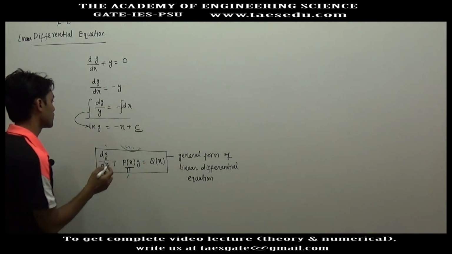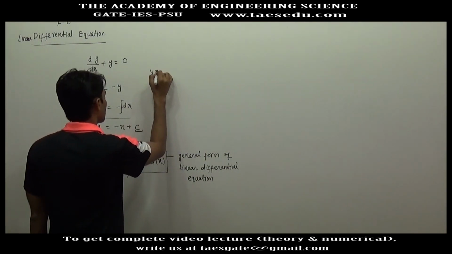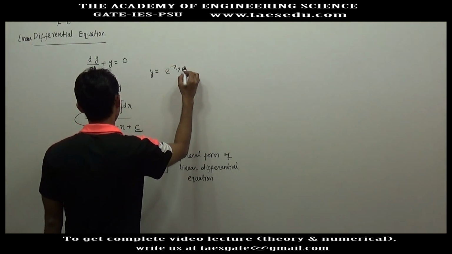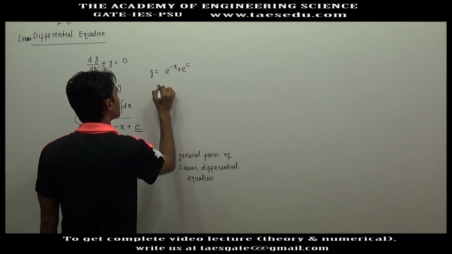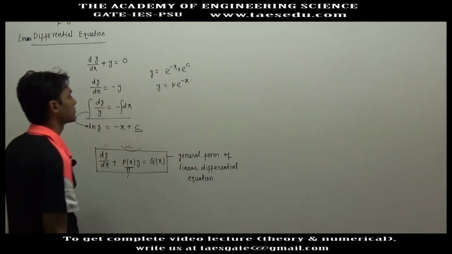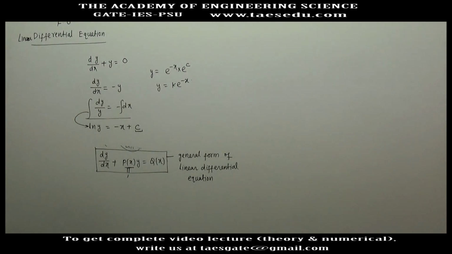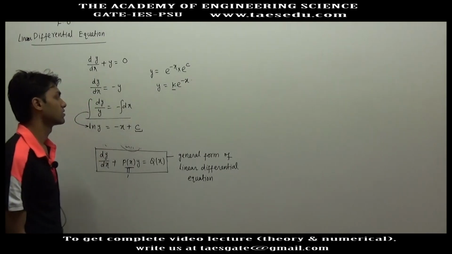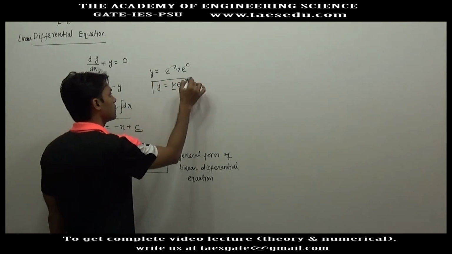This is a general solution, or y can be written as e to the power minus x into e to the power c, or y equal to k into e to the power minus x, and k can be found out with a given condition. This will be a family of solutions.